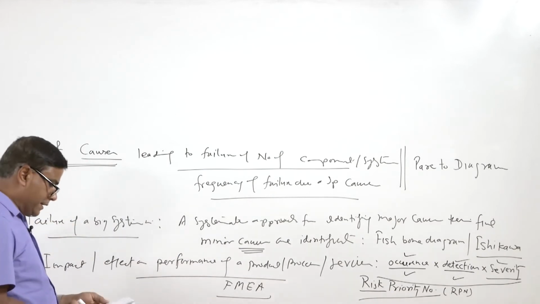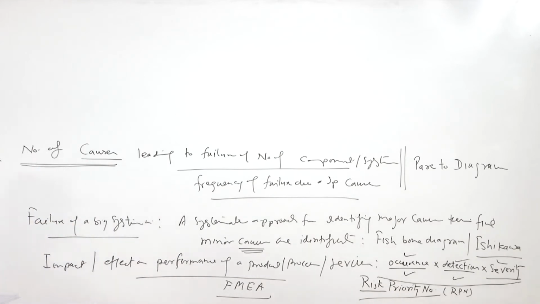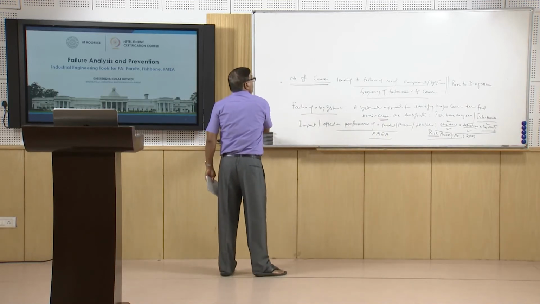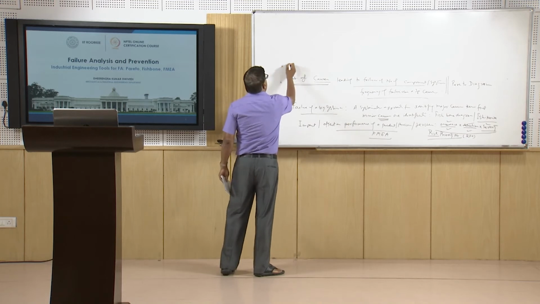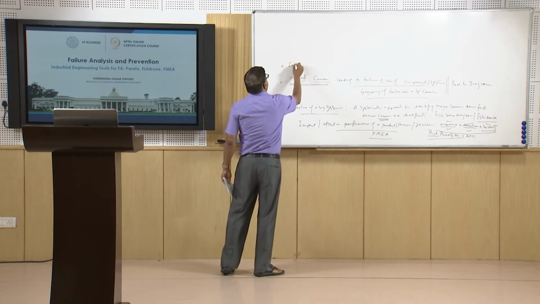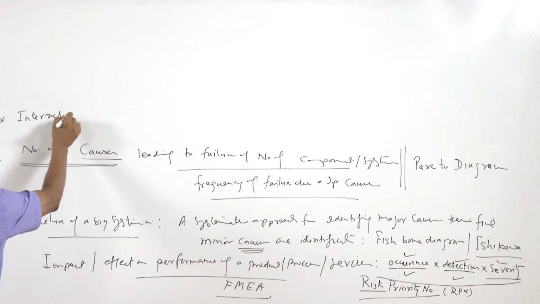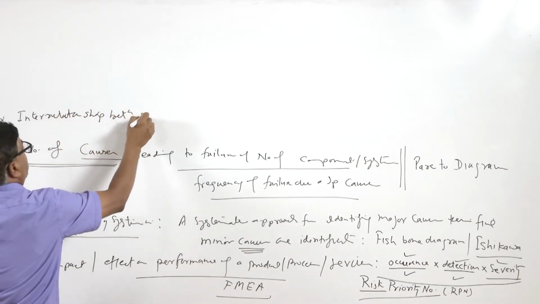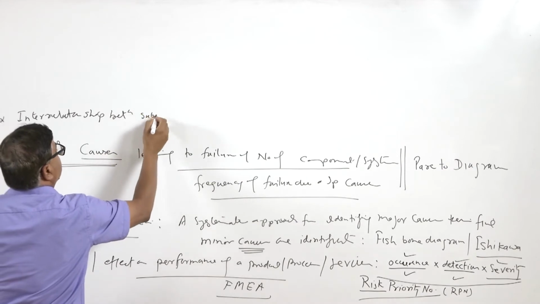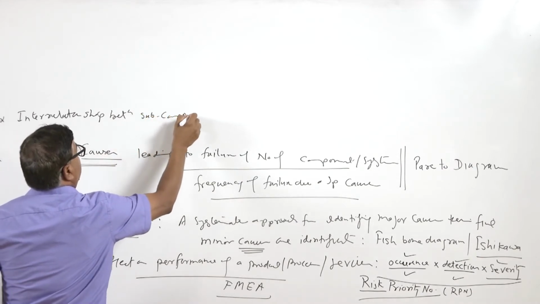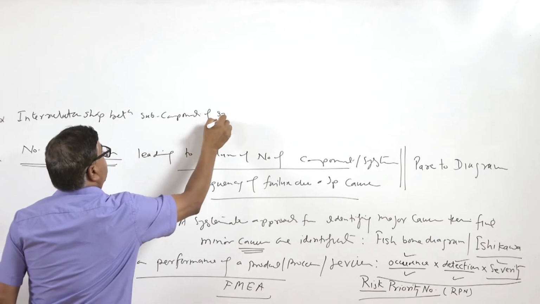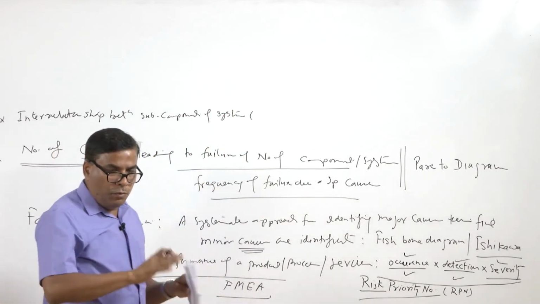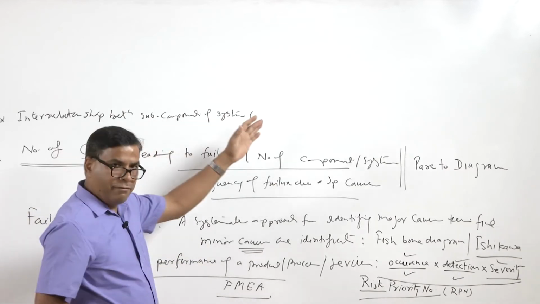We will talk in detail about each of the approaches, and then we have one more wherein the interrelationship between various subcomponents of a system is established, and it is also identified in which way various subsystems can fail.